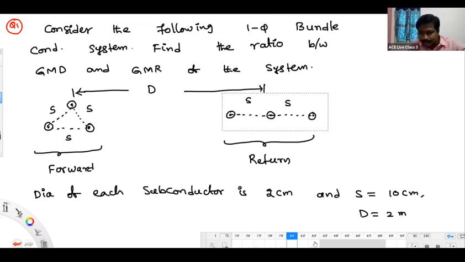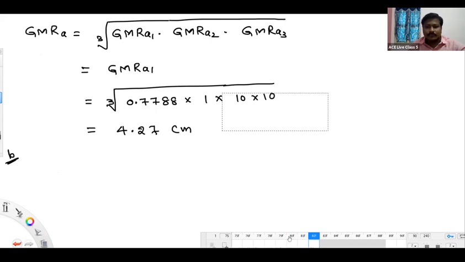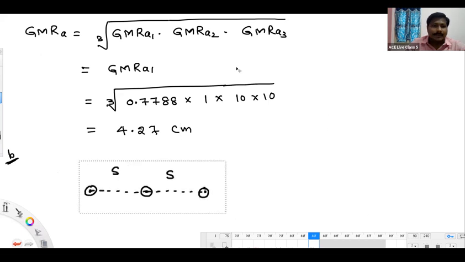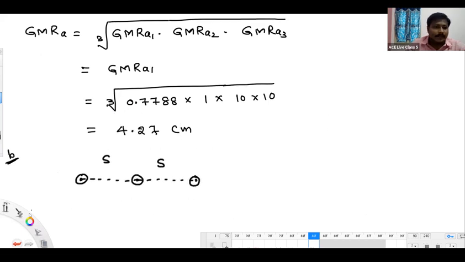These are B1, B2, B3 conductors, and the radius of each wire is 1 centimeter.